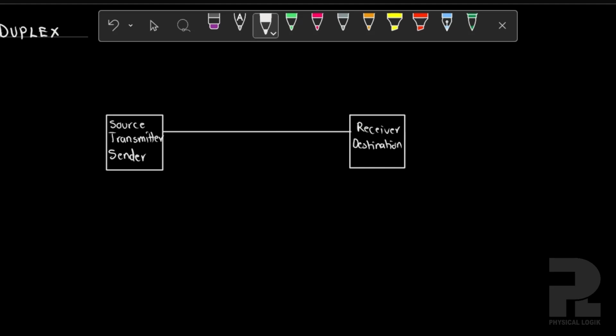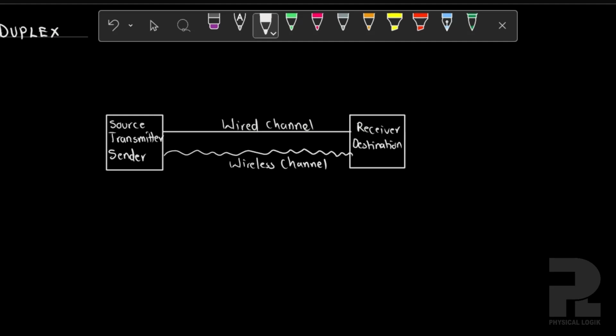So this channel can be a wired channel that is using physical cables like fiber or the standard twisted pair Ethernet cables. That's the wired channel. And then we can also have the wireless channel. It can be Wi-Fi or any radio or microwave technology. So that's the wireless channel.